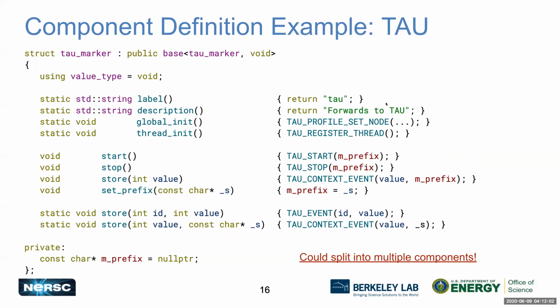And Timemory simply can adapt to the return types and the arguments that the interface provides when Timemory is compiled. And here we actually combine sort of the start and stop phase with events in TAU, even though for TAU these are quite separate. We were able to combine them in Timemory, but you could actually make 2 different components for TAU.